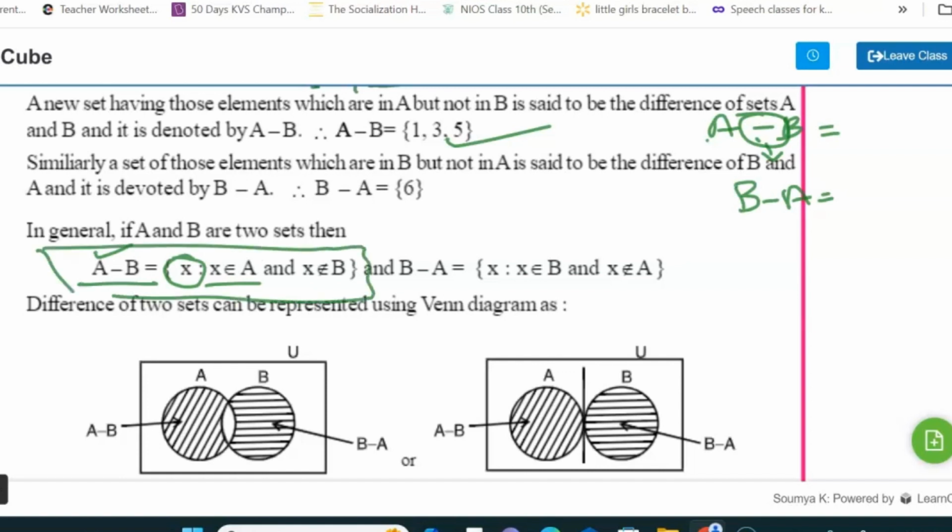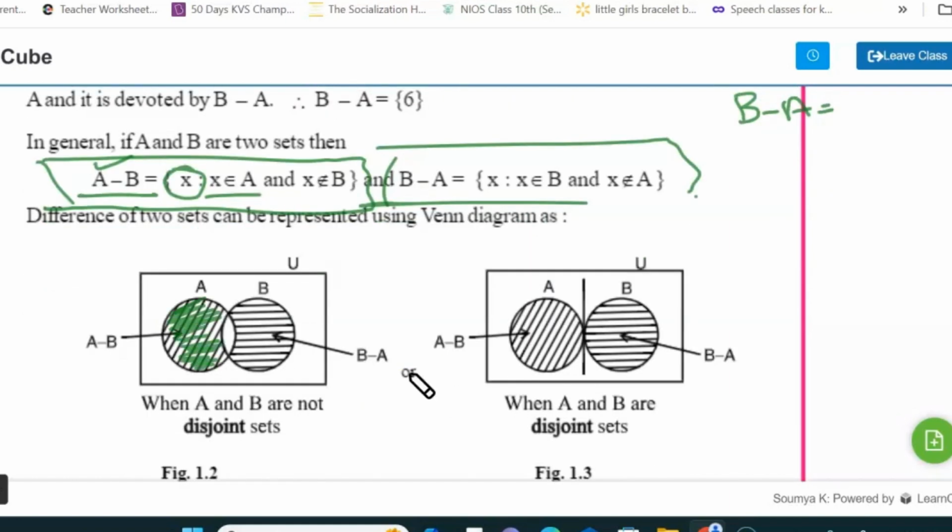That is what the general form says, and the vice versa for B minus A. Whatever is in this green color is the representation of A minus B. Similarly, if it is B minus A, whatever is in B with A removed from it, we can show using a different color. This portion will be the representation of B minus A.